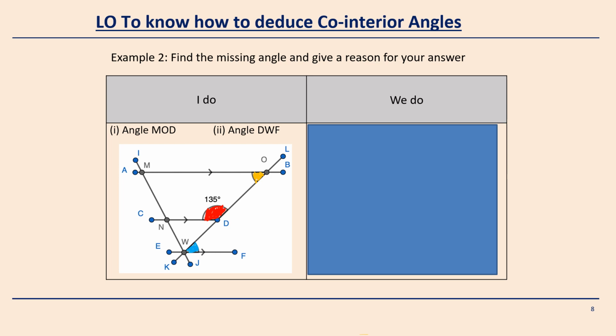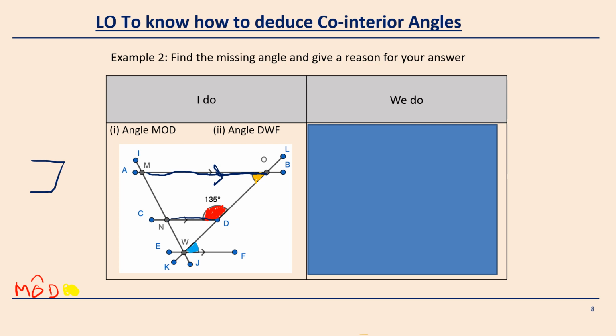Okay, so O D. I'll put yellow. Can you see two parallel lines? That's parallel to that, and we have an inverted C shape.